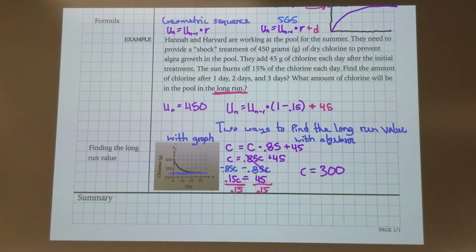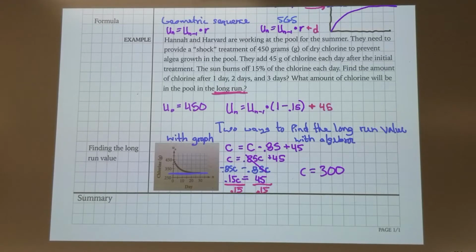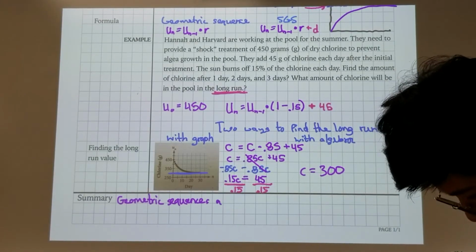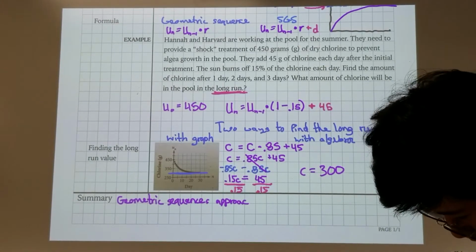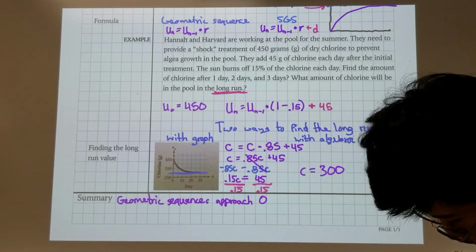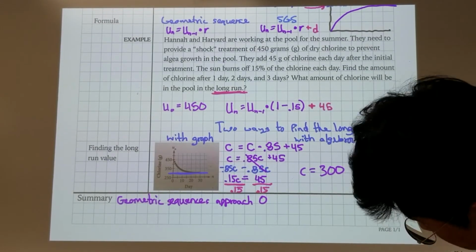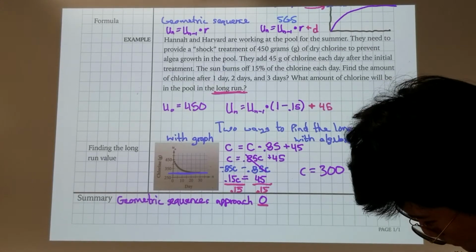Important things. Remember, these are the important things I need you to know. If you remember nothing else about what I said today, you need to remember that geometric sequences approach 0. And shifted geometric sequences approach what? A value other than 0.